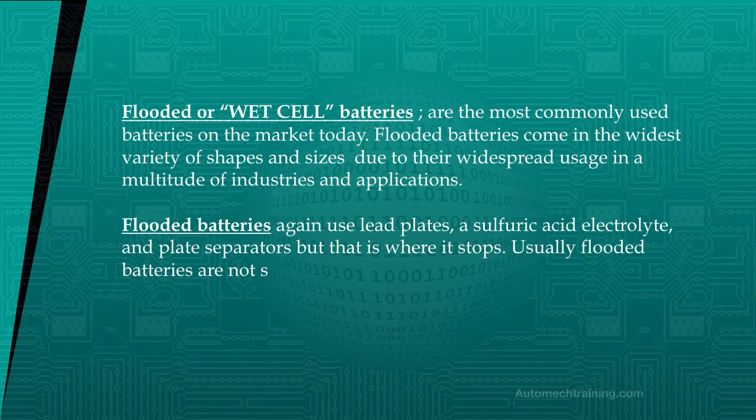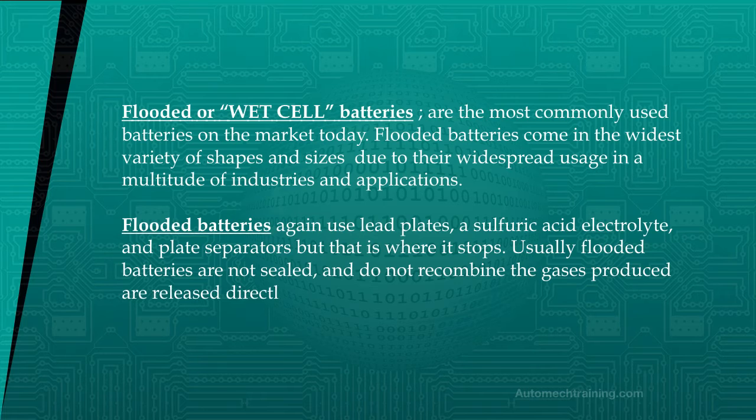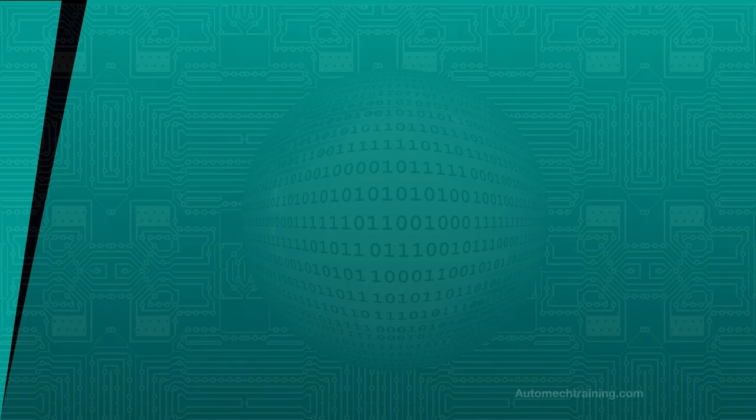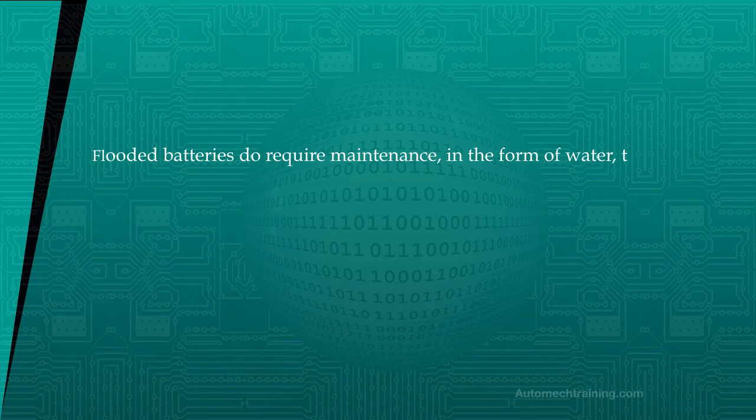Usually flooded batteries are not sealed, and do not recombine. The gases produced are released directly to the environment through the vents, along with acid, steam, and condensation, leading to maintenance. Flooded batteries do require maintenance, in the form of water, to routinely replenish lost electrolytes through the vents.